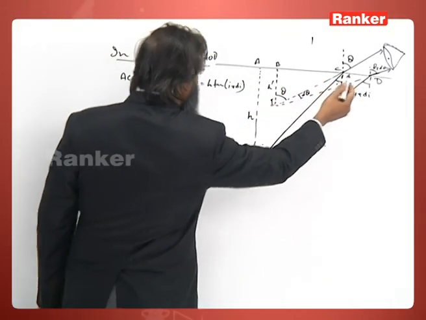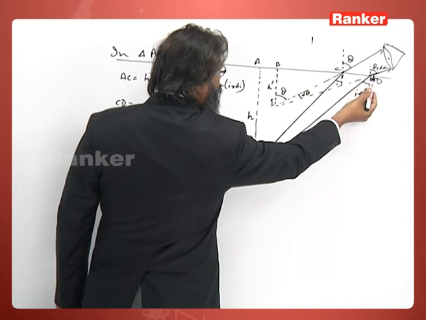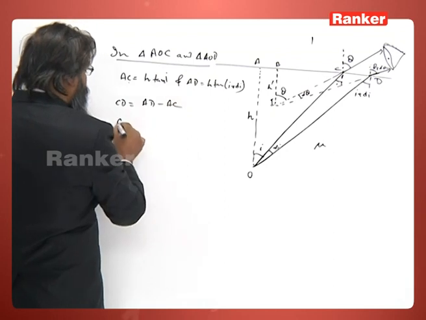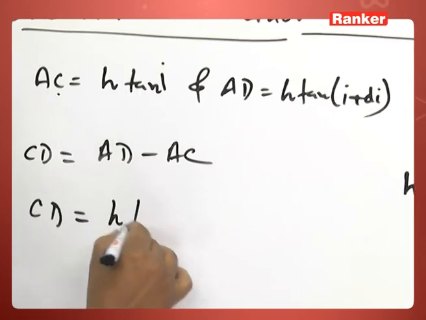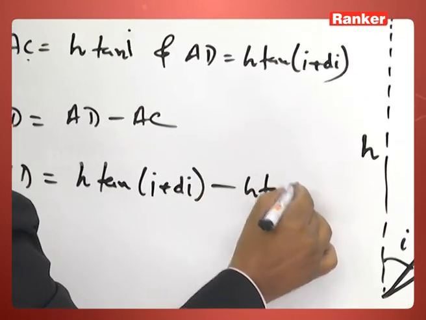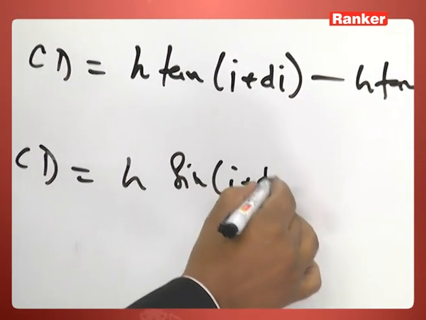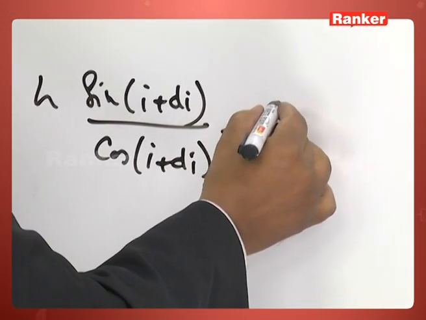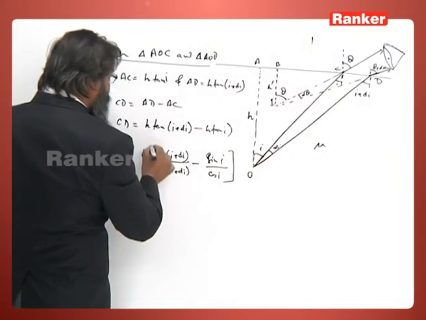We want CD, suppose. So this CD is the difference of AD and AC, these two. So that is AD minus AC. So here we will use some approximations. H tan(I plus DI) minus H tan I. So this CD will be H times [sin(I plus DI) by cos(I plus DI) minus sin I by cos I], where we have taken H as common.